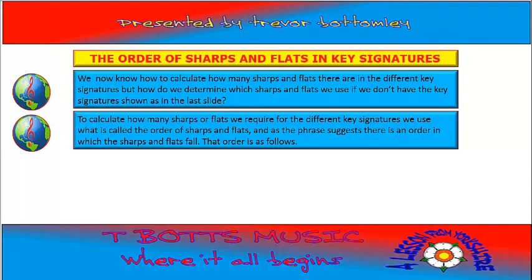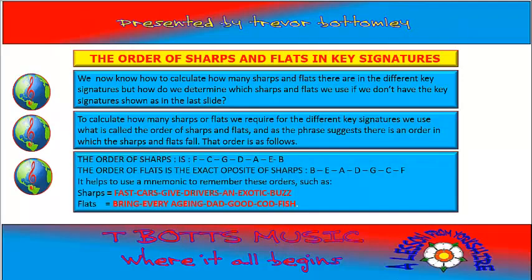And as the phrase suggests, there is an order in which the sharps and flats fall. The order is as follows. The order of sharps is F, C, G, D, A, E and B. The order of flats is the exact opposite of sharps: B, E, A, D, G, C and F.